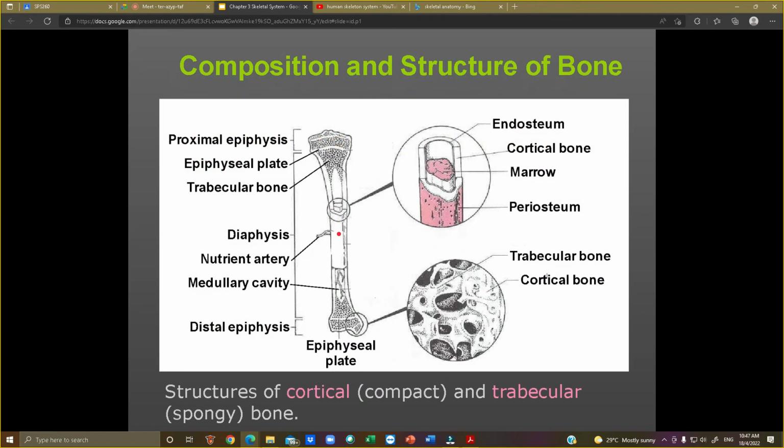And then here we have the epiphyseal plate. Tengok ni, epiphyseal plate. This epiphyseal plate is the place where elongation of your bone occurs. Dekat situlah proses memanjang terjadi.